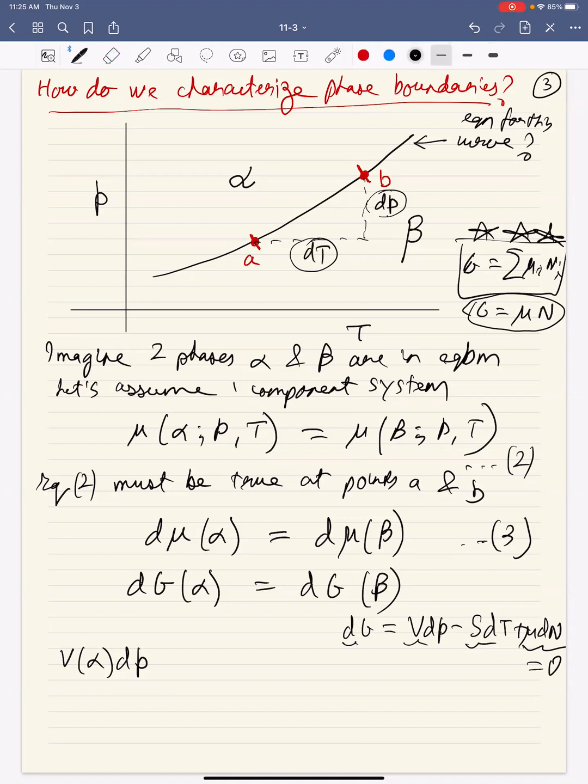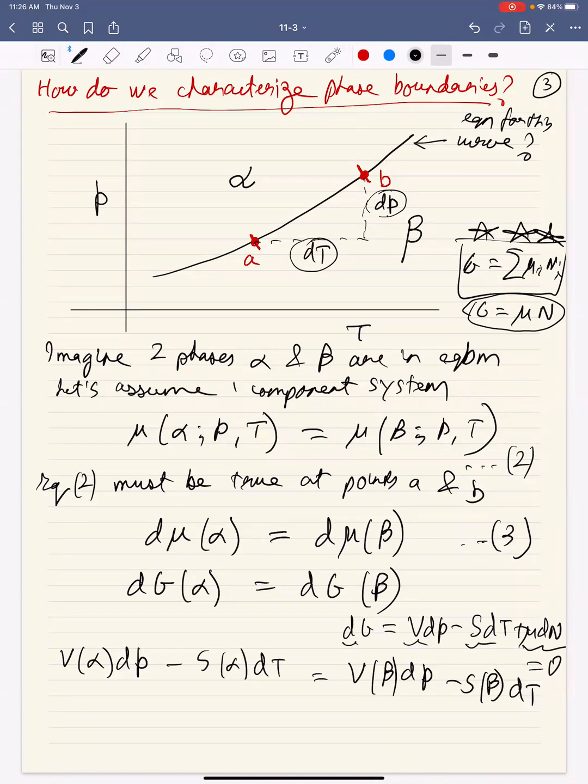So V alpha dP minus S of alpha dT is equal to V beta dP minus S of beta dT, okay?